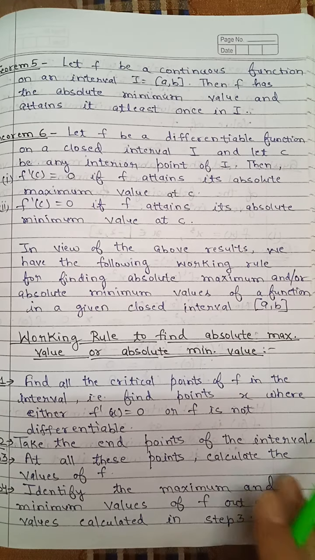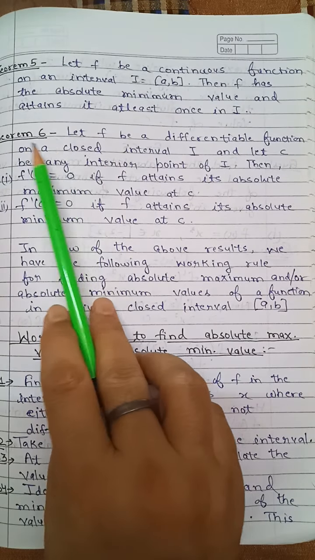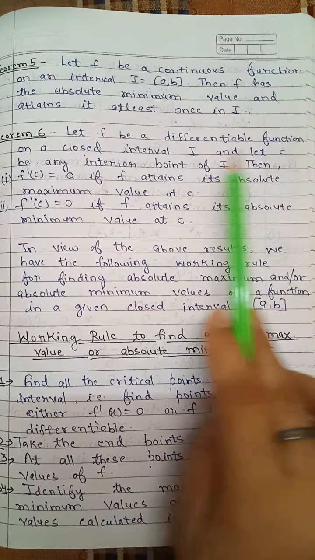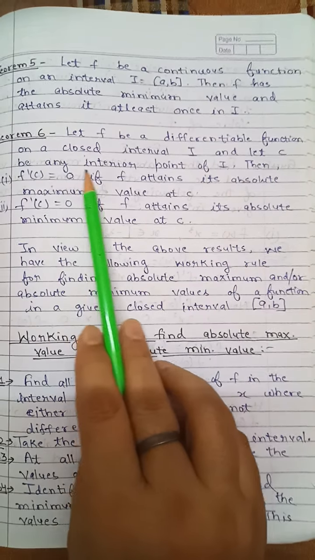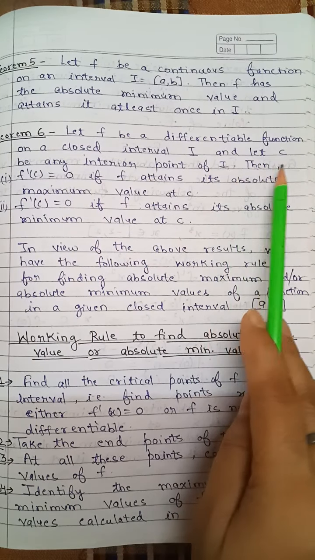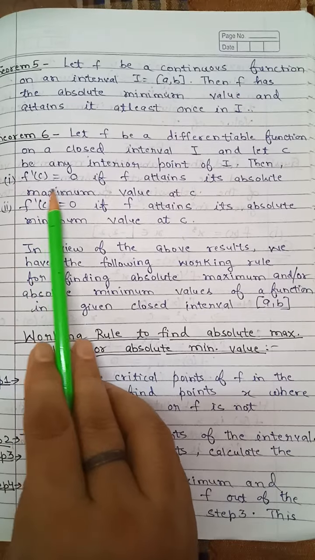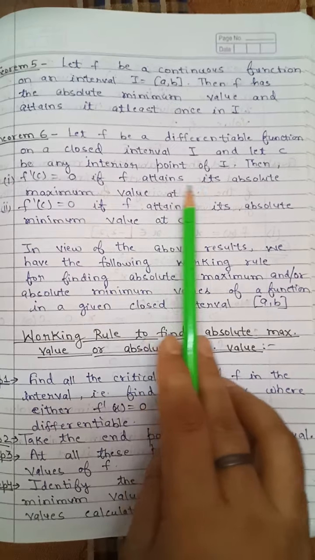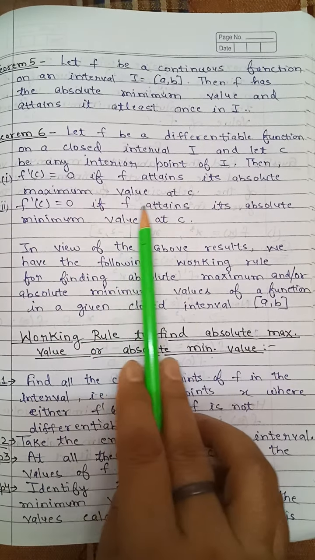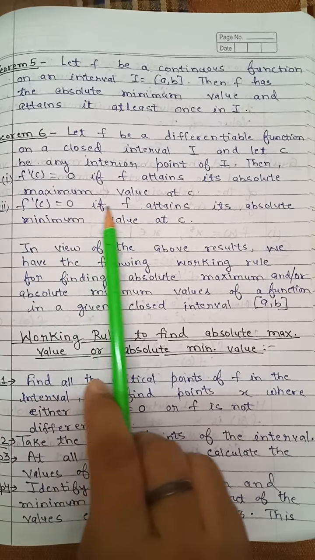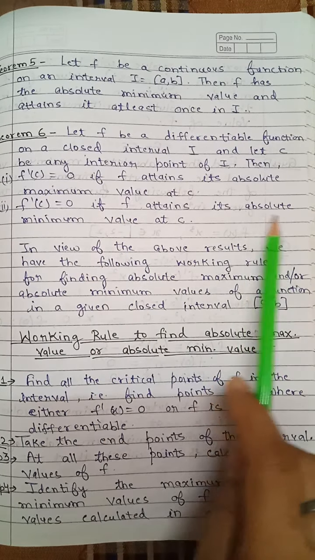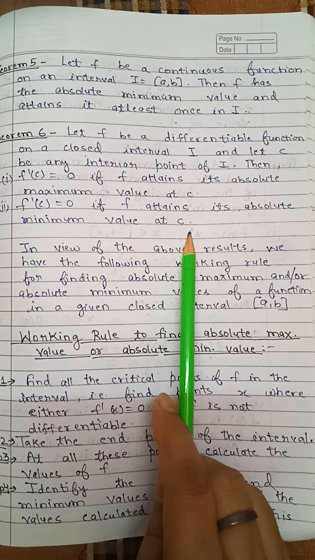Let's read the theorem first. Let f be a differentiable function on a closed interval I, and let c be an interior point of I. Then f'(c) = 0 if f attains its absolute maximum value at c, and f'(c) = 0 if f attains its absolute minimum value at c.